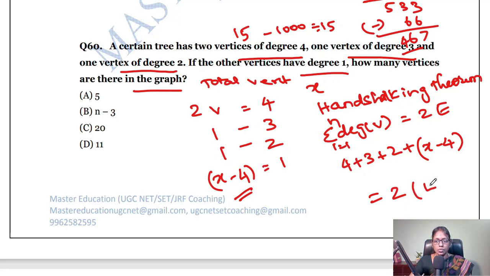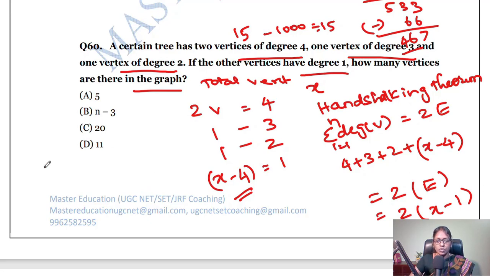Edges will be called as total number of vertices minus 1, as it is a tree. So in the place of edges, I can replace it as x minus 1.